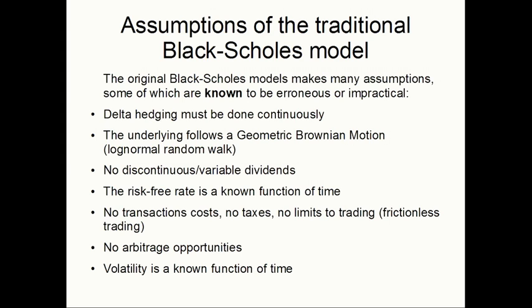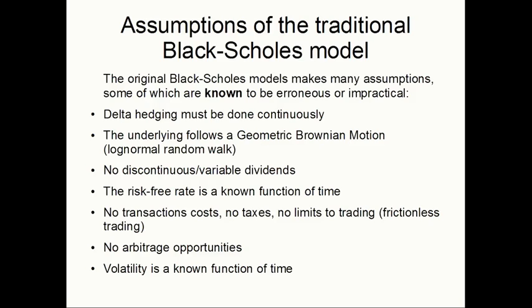And finally, let's take a quick look at the assumptions behind the traditional Black-Scholes model. First, delta hedging must be done continuously. Second, the underlying follows a geometric Brownian motion, or log-normal random walk. Third, there are no discontinuous or variable dividends.